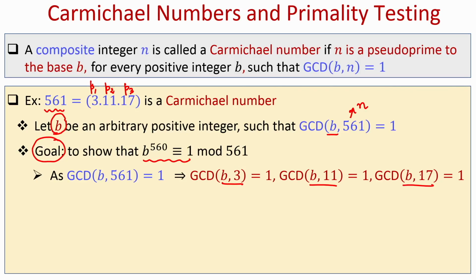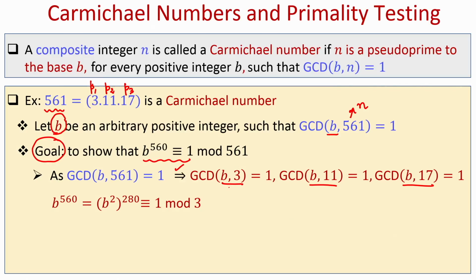It is very easy to prove this implication, because if any of these implications is false, say for instance, if GCD of b and 3 is not 1, that means there is some common factor for b as well as 3. Then I can come to a contradiction that GCD of b and 561 is not 1. That is as simple as that.